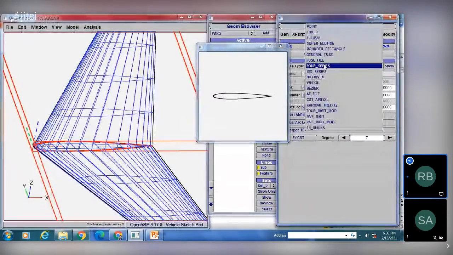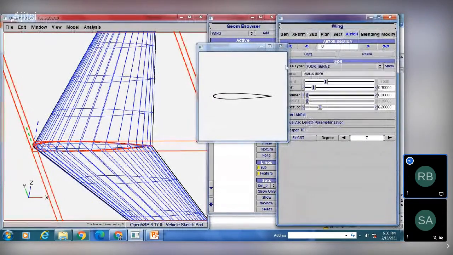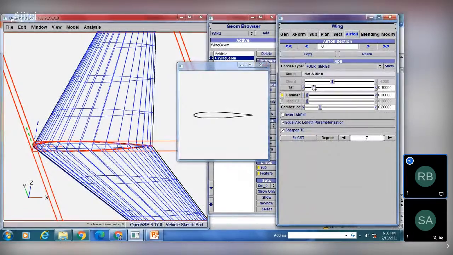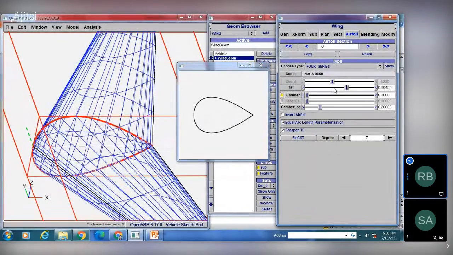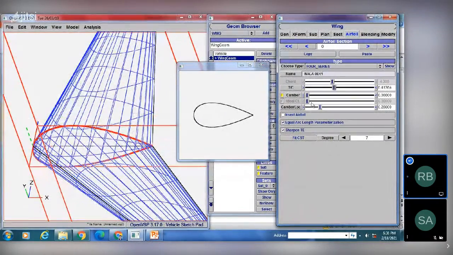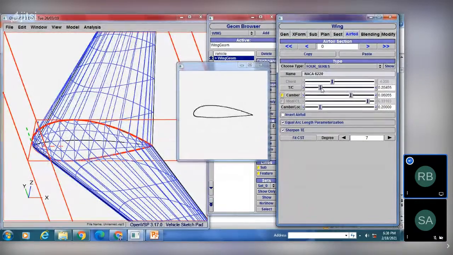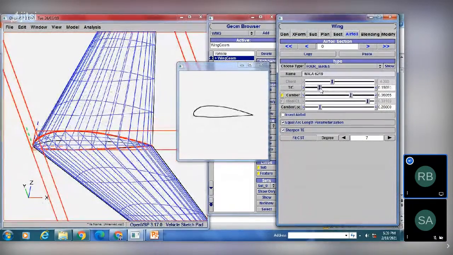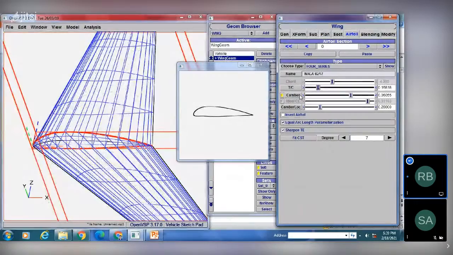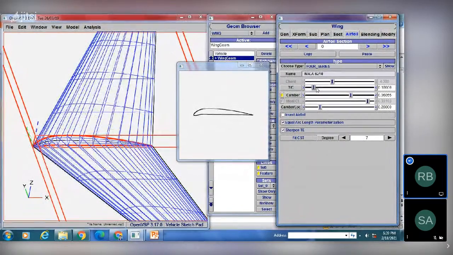And if I change the airfoil and do some changes, change the thickness to chord, and change the camber, see, it goes from symmetrical to unsymmetrical, right?